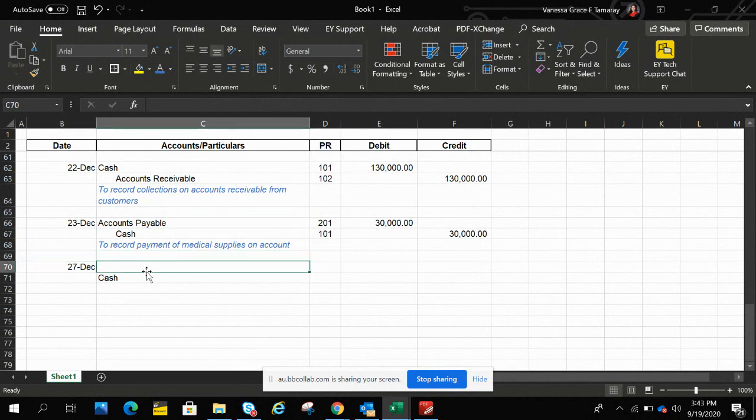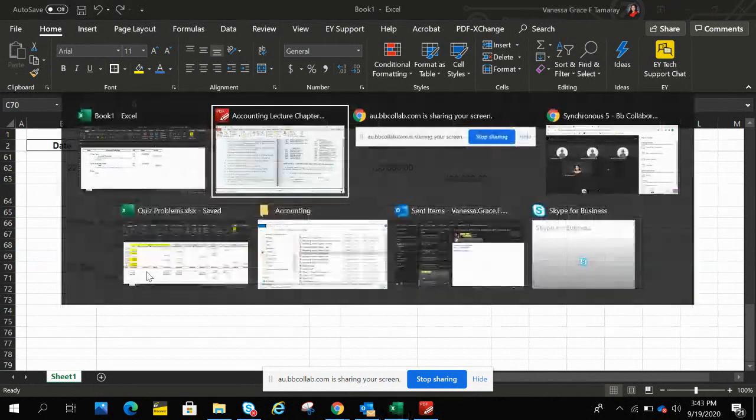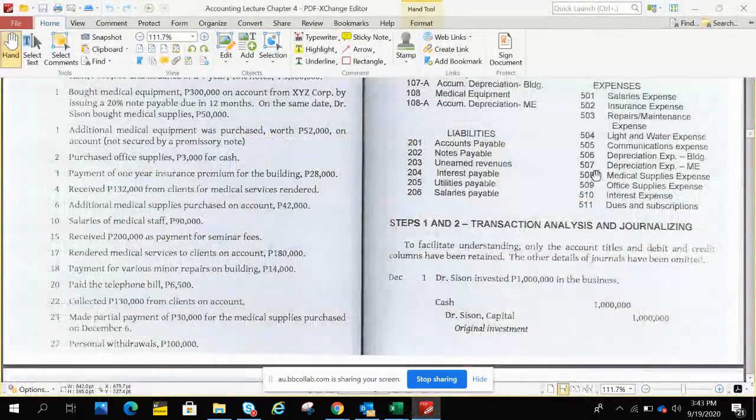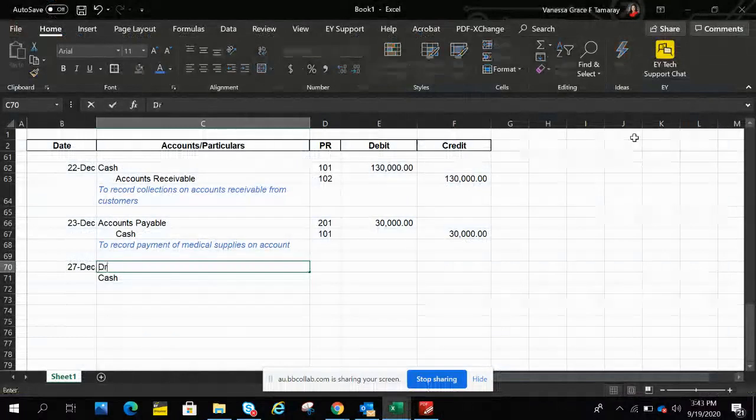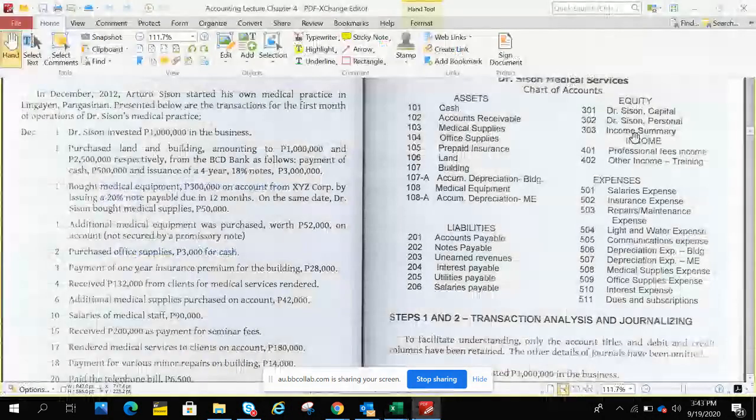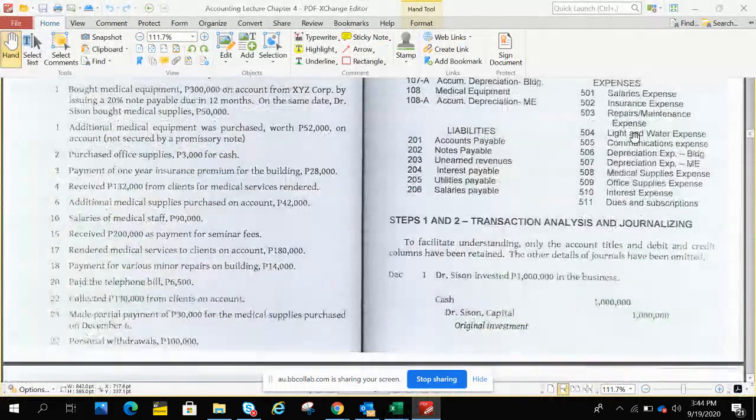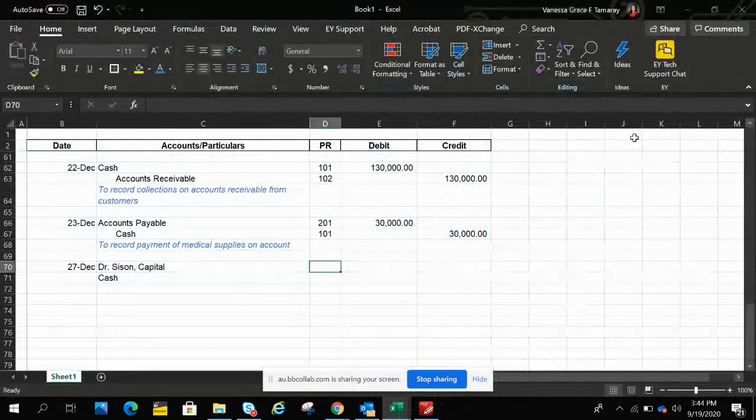Withdrawal from the capital. Kaya ano ba yung debit? Drawings or capital, Doctor Season Personal. So, debit, Doctor Season, capital. Magkano daw yun? 100,000 pesos.